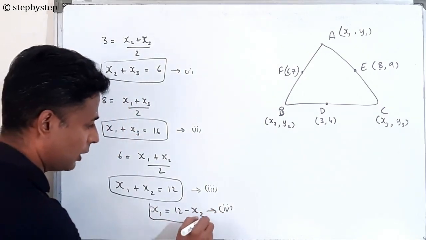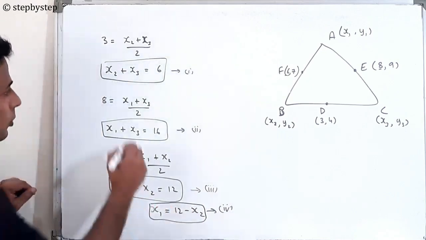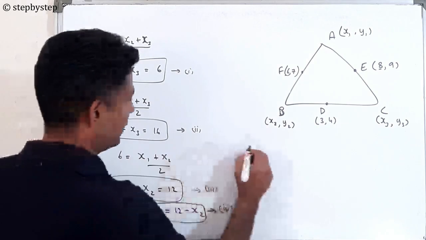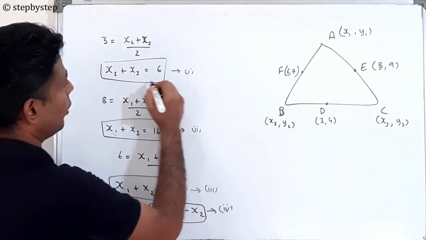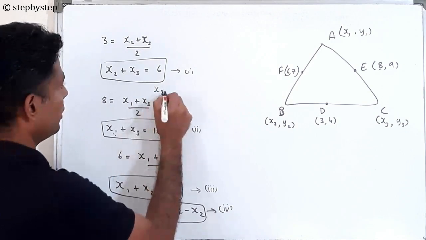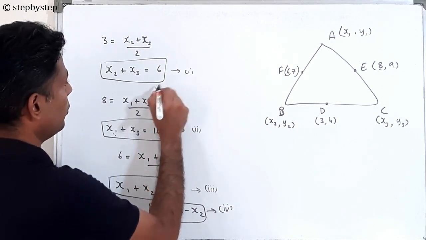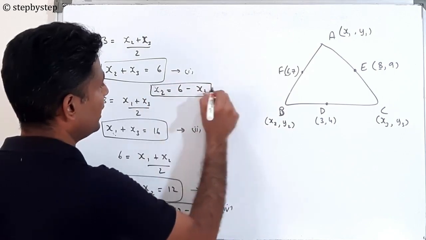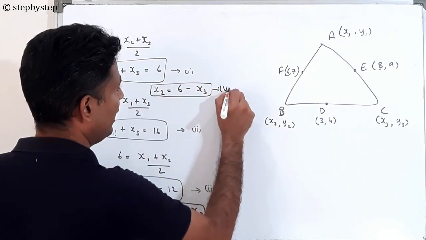I'll substitute it here. Also here, what do we get? x2 equal to 6 minus x3. That is what we get over here. So this is our fifth thing we found.